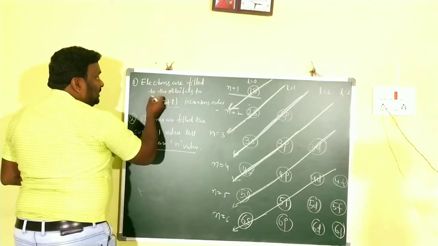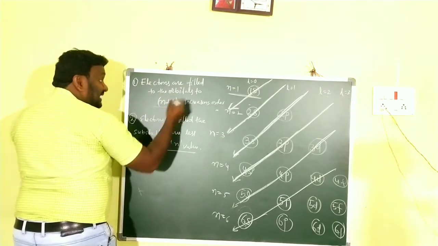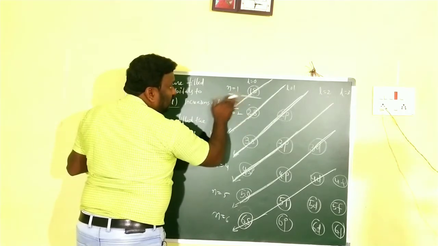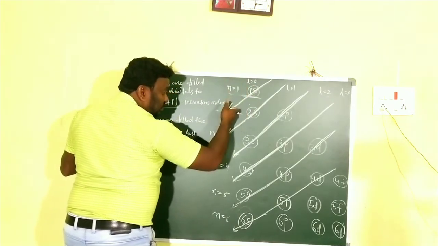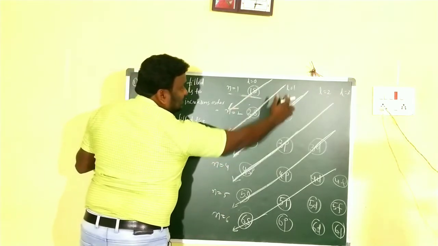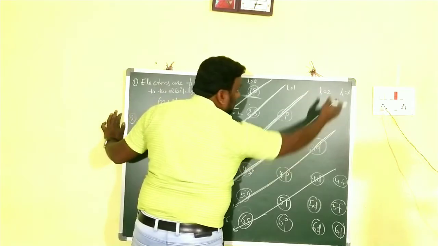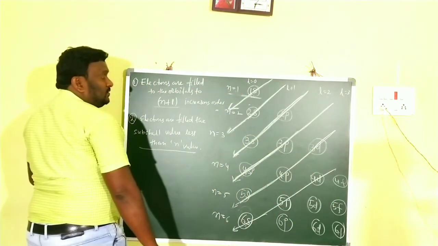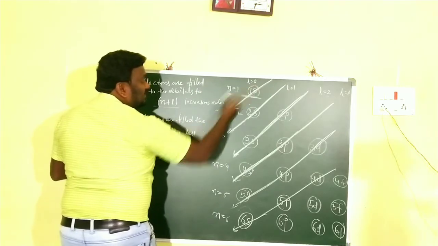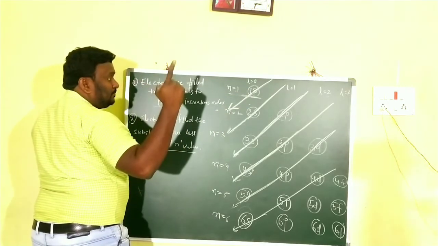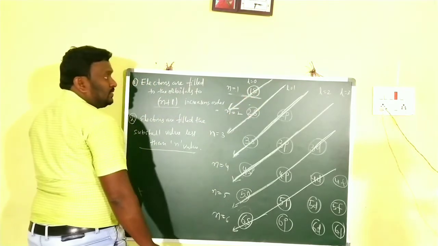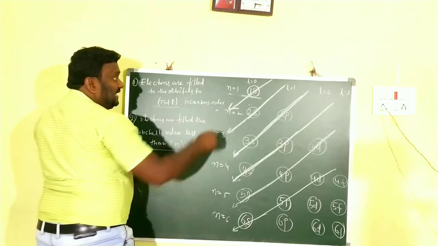Children, you have to observe: n equals 1, 2, 3, 4, 5, 6, and l equals 0, l equals 1, l equals 2, l equals 3. When l equals 0, n equals 1, 1 plus 0 is 1, it starts with 1. That means first we have to fill the 1s orbital. Next thing, increasing order.